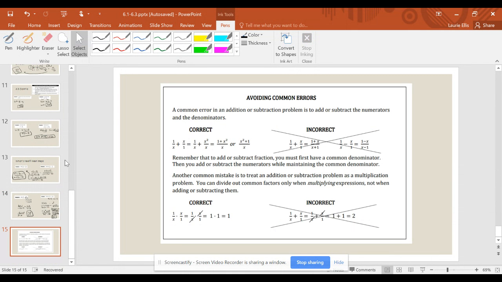Okay. Couple last things. My last slide is to just avoid common errors. And I see this a lot. I see a lot that we just want to add, even though it's multiplication. So remember, in order to find least common denominators, you have to find what is common between both of them.